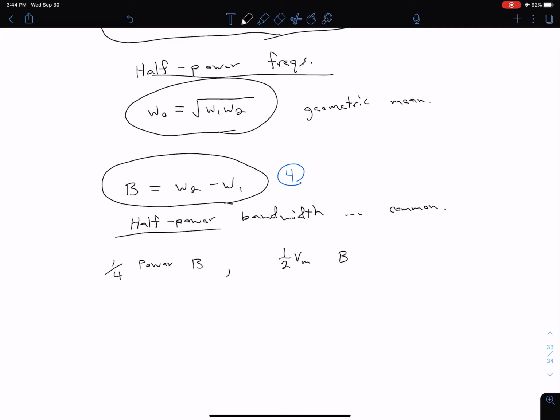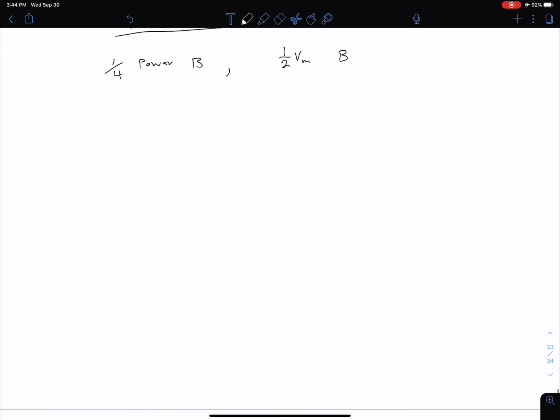One other key parameter that we want to define is going to quantify the sharpness of our resonance. We can quantify our sharpness of resonance with something called the quality factor.